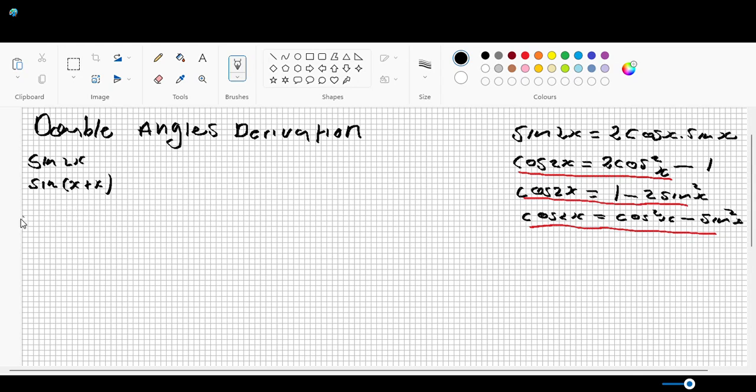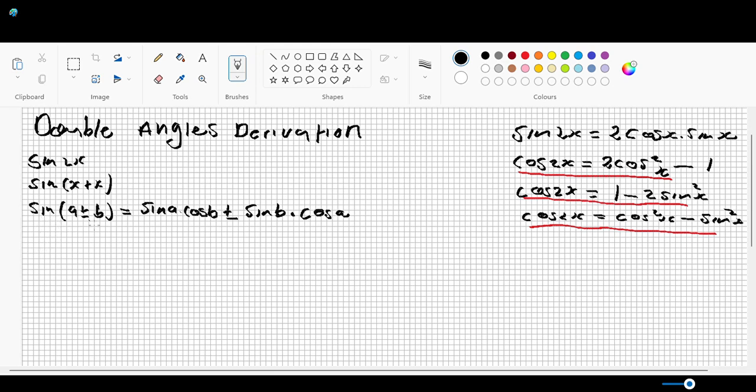The compound angle for sine, we know that the general formula for it is sine of A plus B, equaling sine A multiplied by cos B plus or minus sine B multiplied by cos A. This is the formula for the sine compound angle.